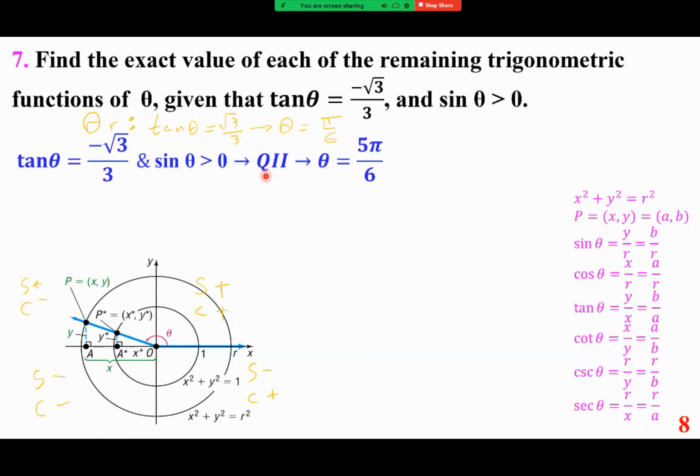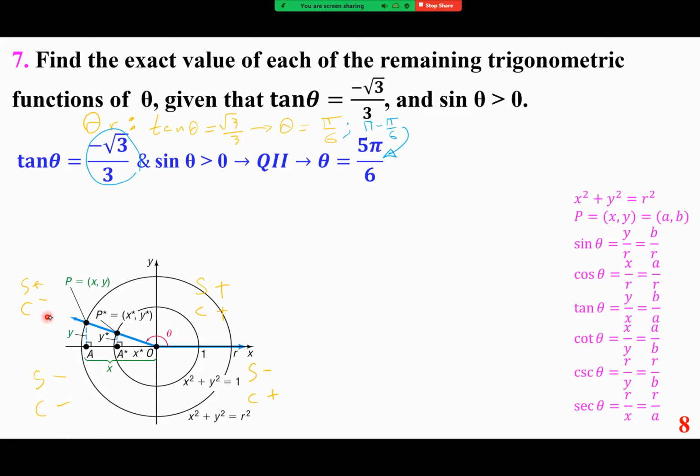And because it's in the second quadrant, all you have to do to get to the second quadrant, because this is negative, is subtract pi over 6 from pi, and that gives you the precise answer. Again, we talk about common arcs, okay? There's a lot of information here. I hope everybody's comfortable with that.